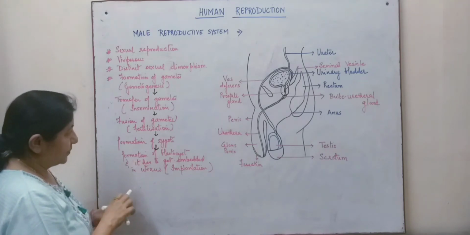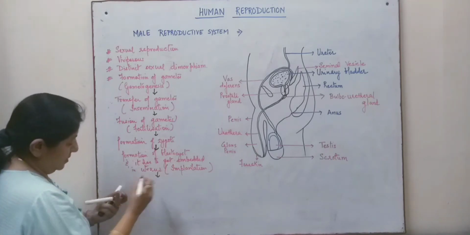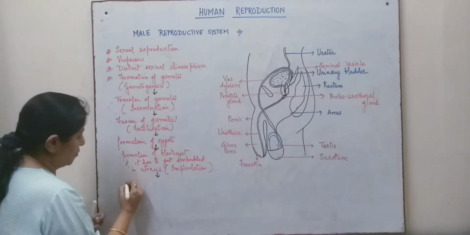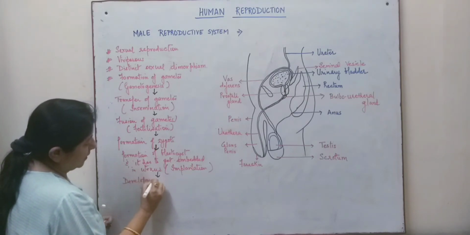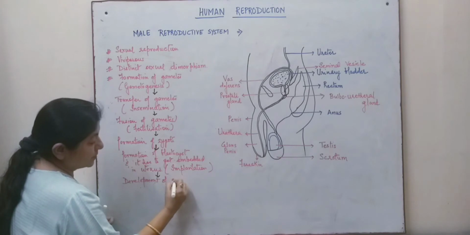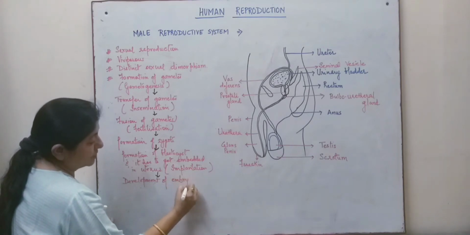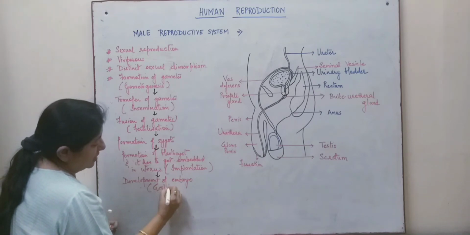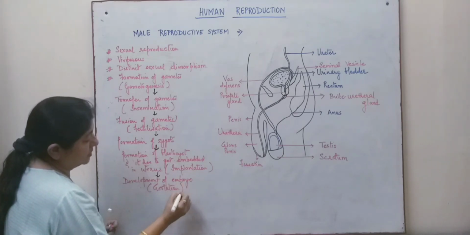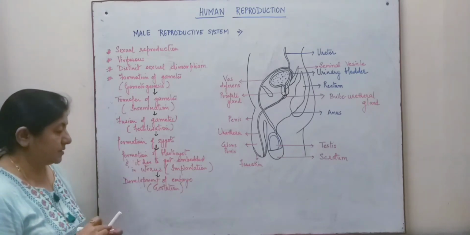So here, when we study further the development of the embryo, this takes place within the uterus, and that is known as the gestation. The gestation period in the case of human beings is 9 months.